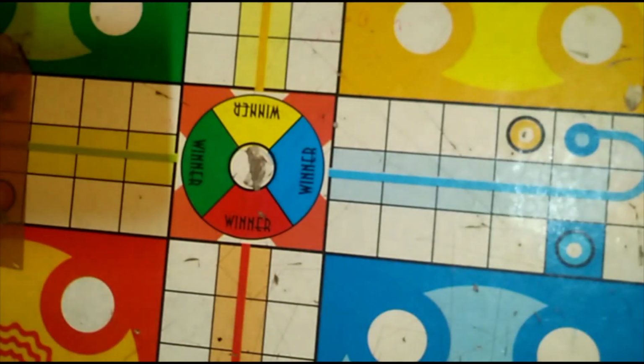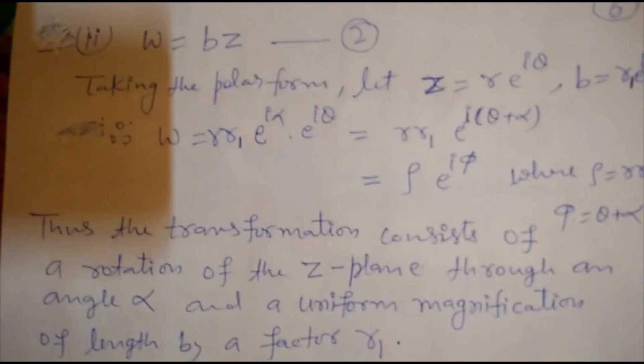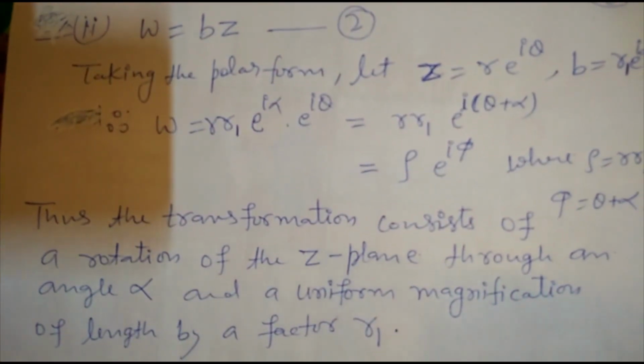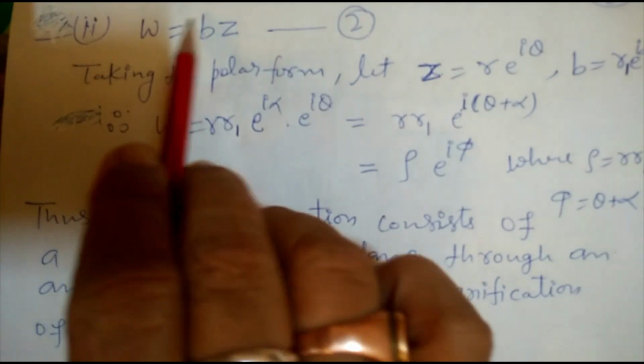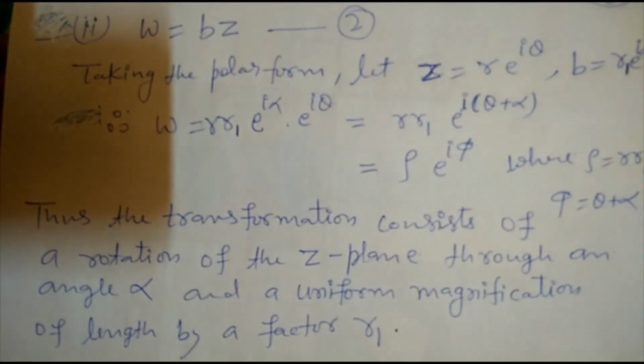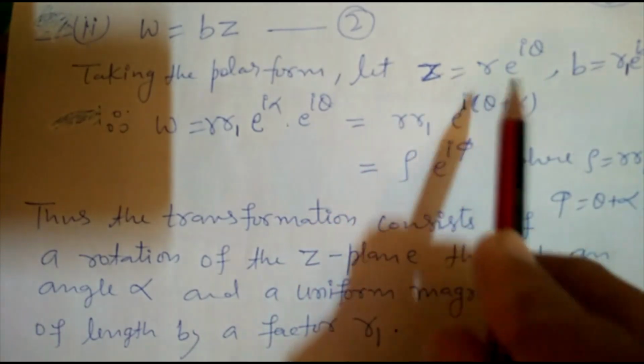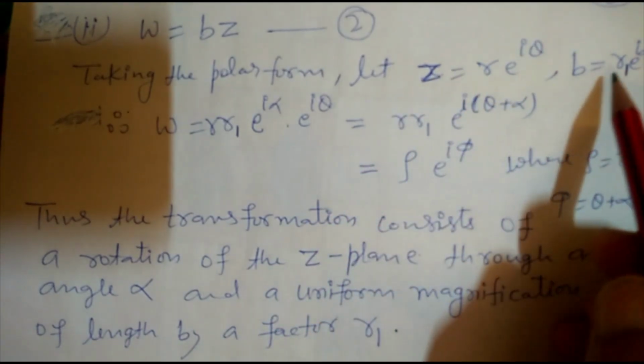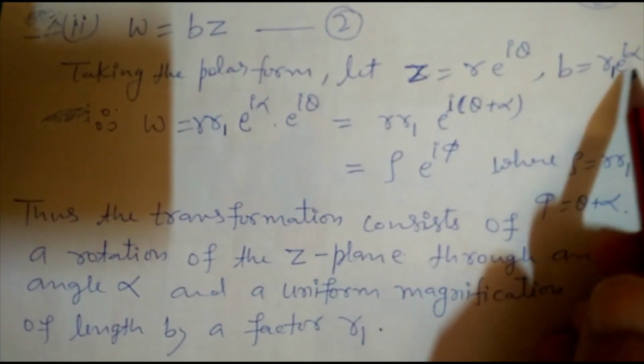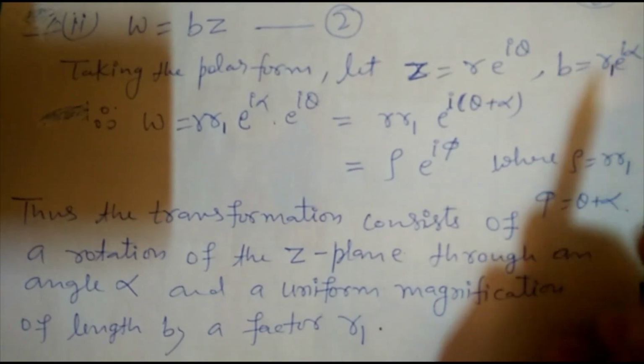Now the next one, the second case of the magnification. In the second case, W = Bz, and here B is a complex constant. Taking the polar form, let Z = r e^(iθ) and B = r1 e^(iα).